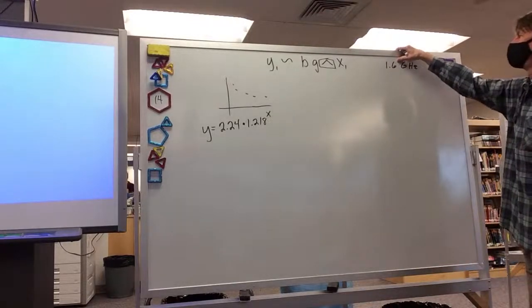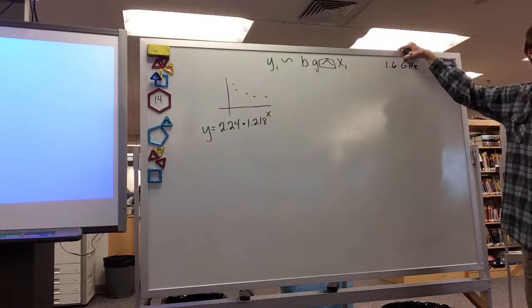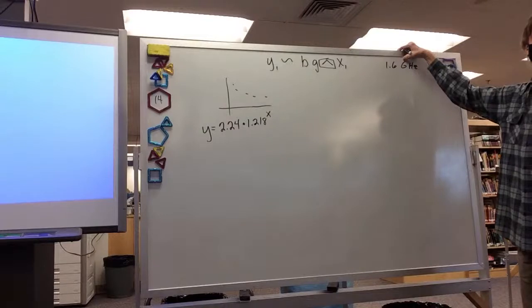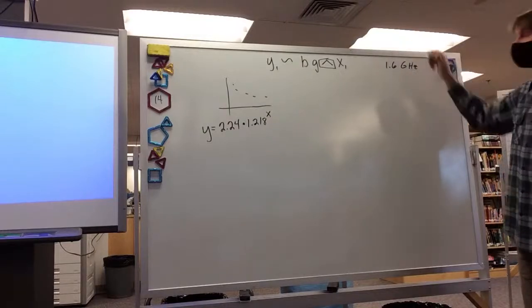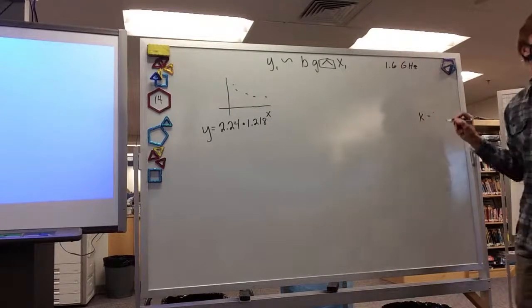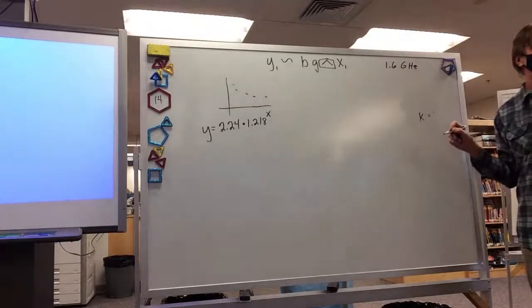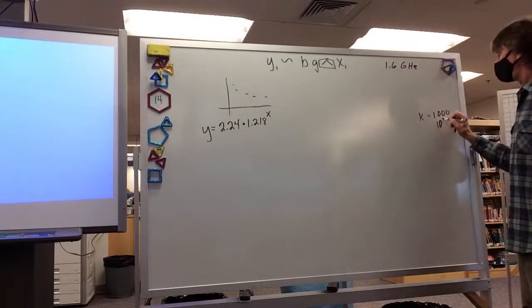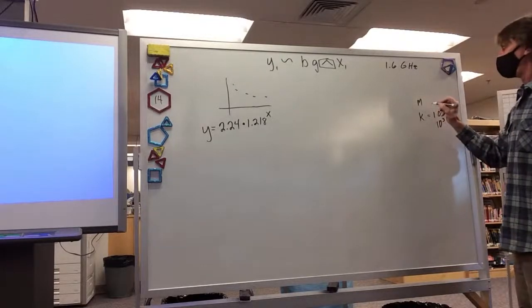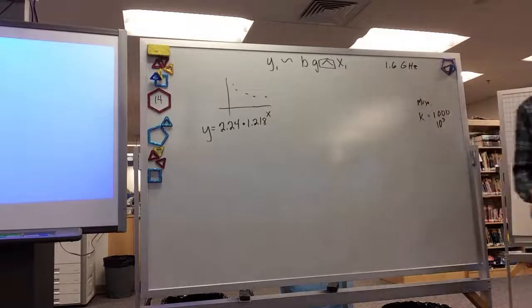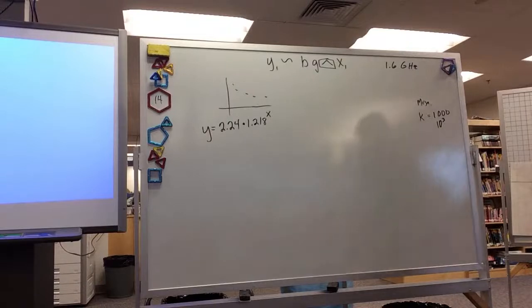1.6. What's giga? Do you guys know? So you know what kilo is. Kilo is like a kilogram. It's 1,000. It's 10 to the third. So what's mega? You got the computer, Google it real quick. What's mega?